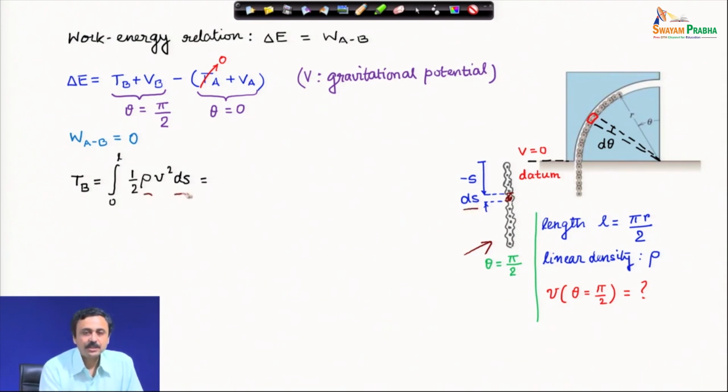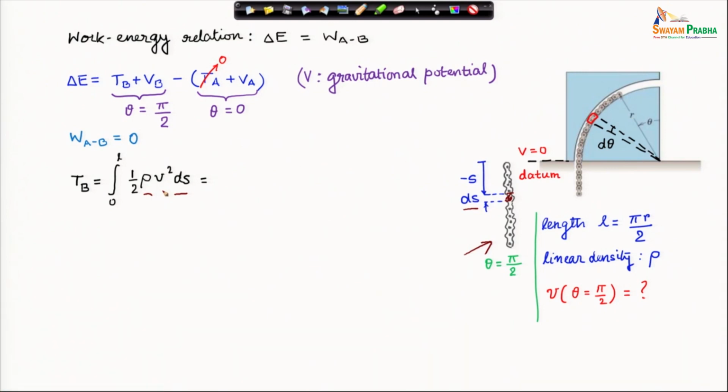Then rho times ds, rho is the mass per unit length, is nothing but the mass of this little element, which I have marked out. Half of mass of little element times velocity square is the kinetic energy of this little element, and if I integrate this expression from 0 to L, that will give me the total kinetic energy of the chain.